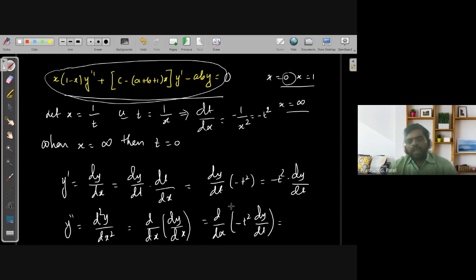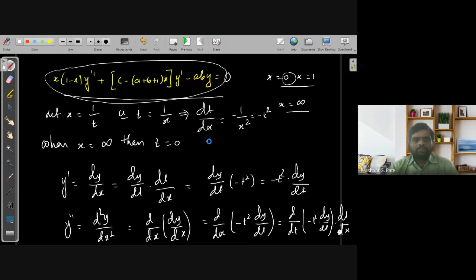Here I can use the chain rule, so that is d by dt of minus t square into dy by dt, into dt by dx. Here we can apply the product rule.